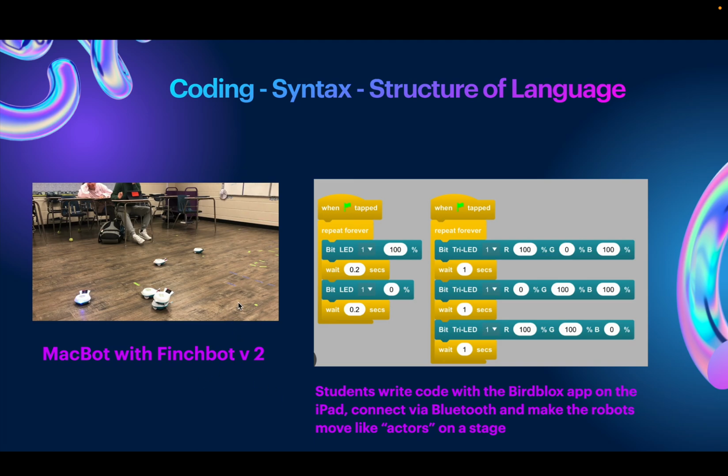And this is a different version of the FinchBot, and these are run via Bluetooth. At my school, we're a one-to-one district, but what you can see here is I have 11 robots. Again, the students were broken out into groups and they were assigned a scene, and they've marked the floor right here so that the robots can pick up the sensor.